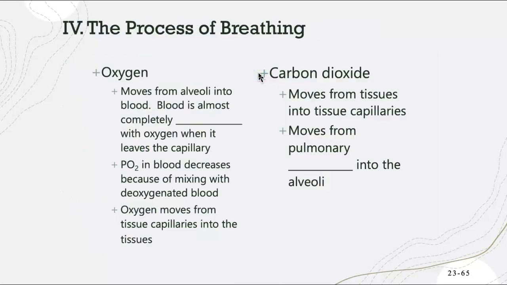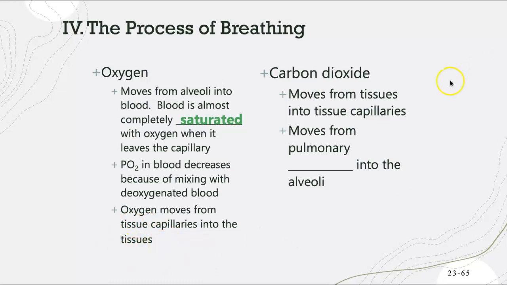Now, as we're breathing, of course, in those gases, we've got oxygen and carbon dioxide. Our oxygen is going to move from our alveoli into the blood through that respiratory membrane that we talked about, and our blood is almost completely saturated with oxygen when it leaves the capillary. Our partial pressure of oxygen in our blood is then going to decrease because it mixes with the deoxygenated blood, and our oxygen moves into the tissue capillaries and then into the tissues.